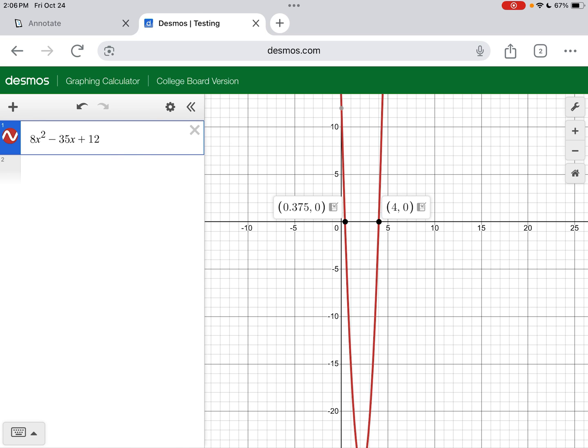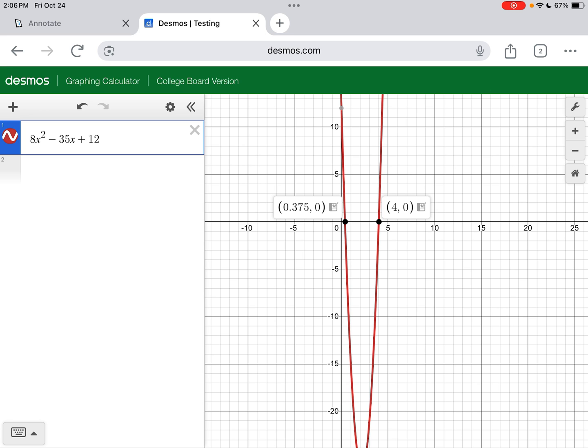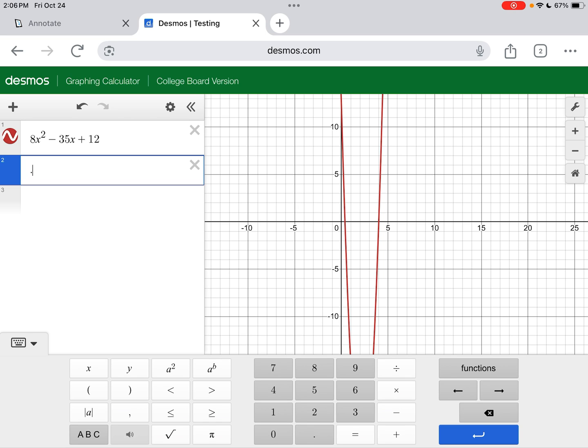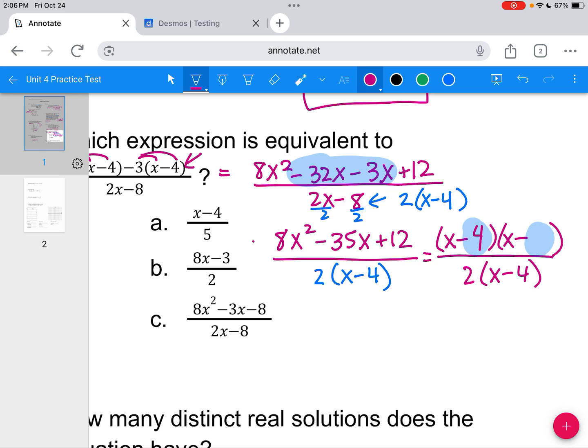So one of them will be 4, so I'll fill in a 4. One of them we get 0.375. Let's make that a fraction. So 3/8. Now I just got to slide this in front. So we end up with x minus 4 times 8x minus 3 over 2 times x minus 4. So our final answer is going to be B.